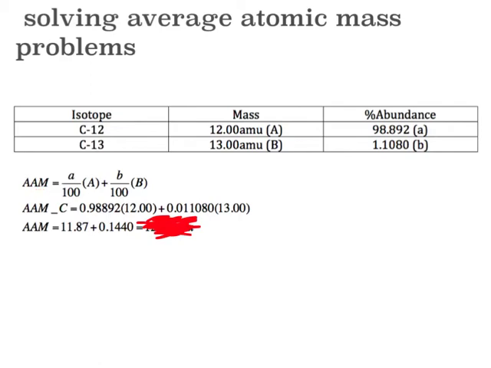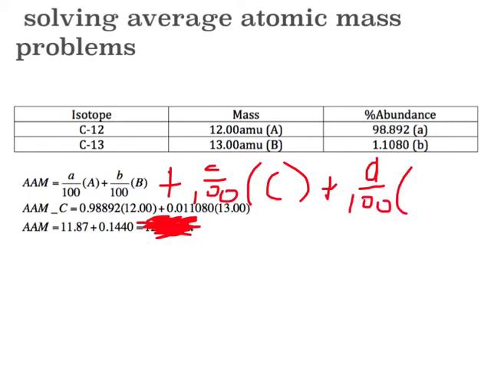If there were 3 isotopes, then I would continue my equation, and it would look something like this, plus little c over 100 times c. And if there was a fourth one, then I'd have a d, little d over 100 times d, and so on and so forth. You likely won't have very many more than 3 or 4 in any one given question, sometimes just 2, like in this question.